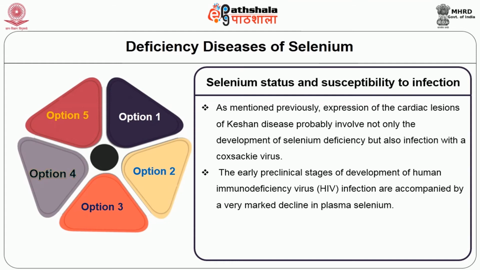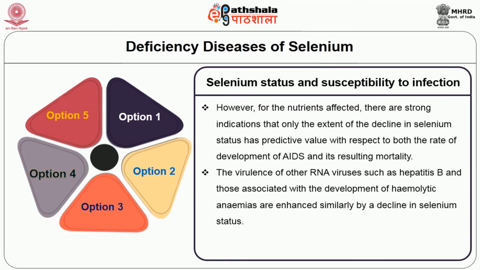The early preclinical stages of development of human immunodeficiency virus infection are accompanied by a very marked decline in plasma selenium. However, for the nutrients affected, there are strong indications that only the extent of the decline in selenium status has predictive value with respect to both the rate of development of AIDS and its resulting mortality.